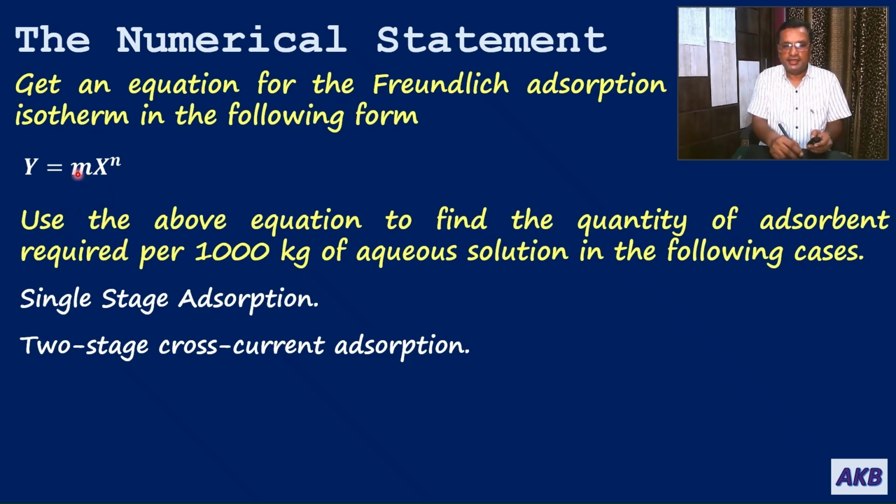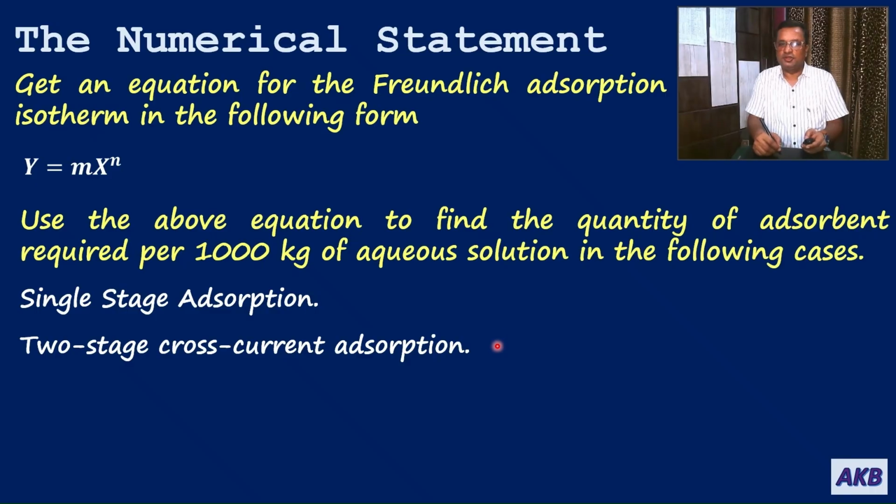Then after getting this equation, we are supposed to use this equation to find the quantity of adsorbent required per 1000 kg of aqueous solution in a single stage adsorption, and then we have to find out the quantity of adsorbent in a 2-stage cross current adsorption. So that is what we are supposed to report at the end. First, we will have to report the equation, then the quantity of adsorbent in single stage adsorption, and then the quantity of adsorbent in 2-stage cross current adsorption.